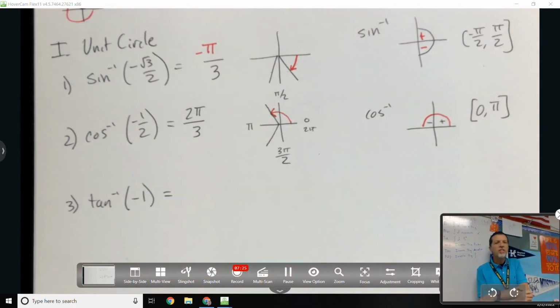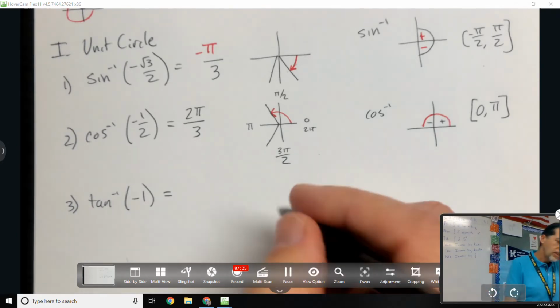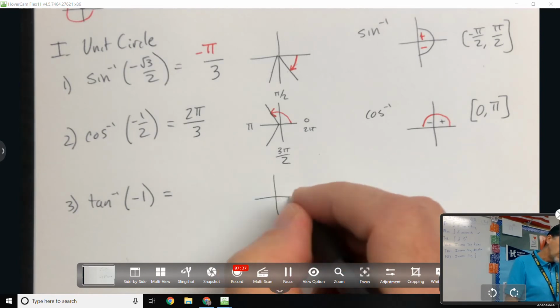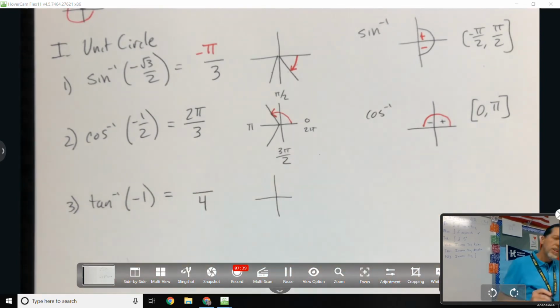Inverse tangent of negative 1. Tangent's a little bit harder, but of 1 means that sine and cosine are equal to each other. So it's something over 4 for sure.